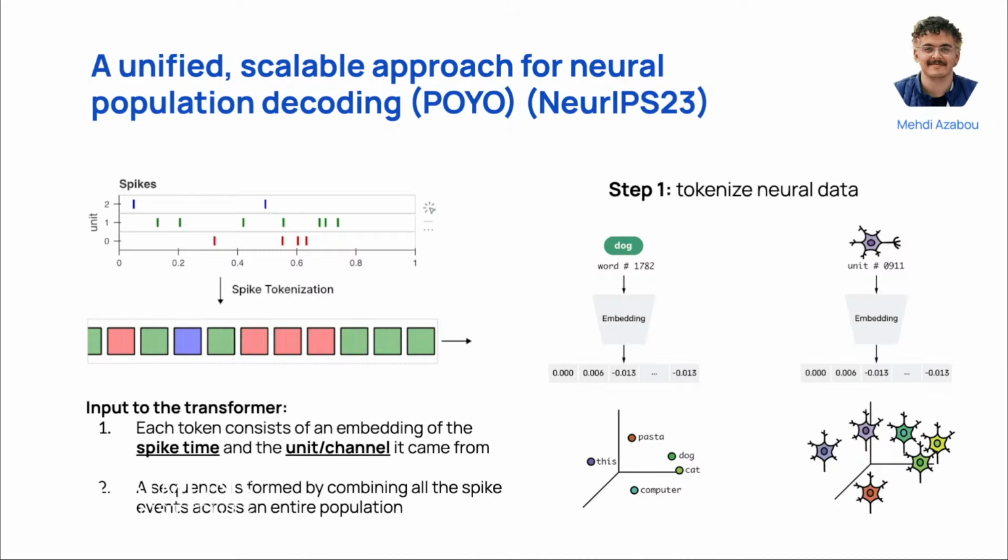So I won't have time to go into the details of all of this, but I'll tell you about some of the key ingredients that we found were really essential in being able to scale up these types of models on electrophysiology data.